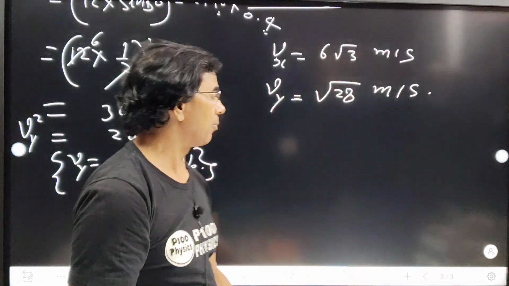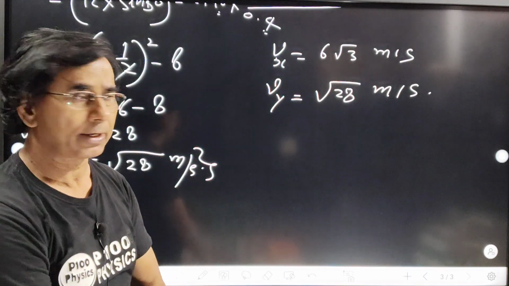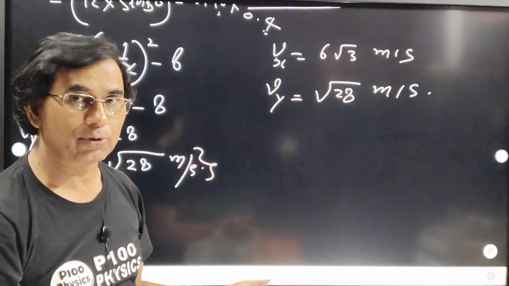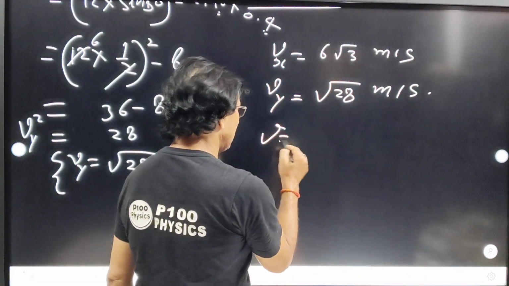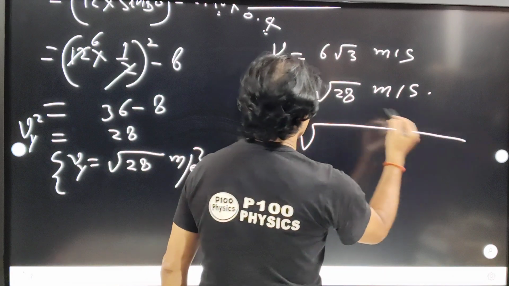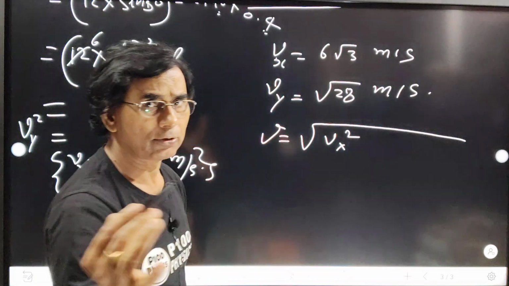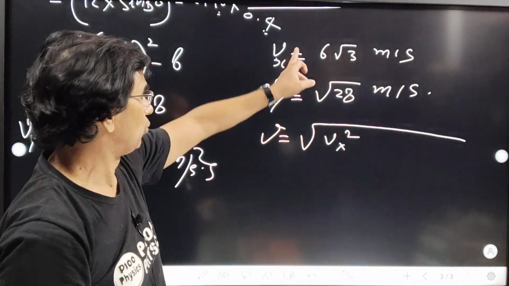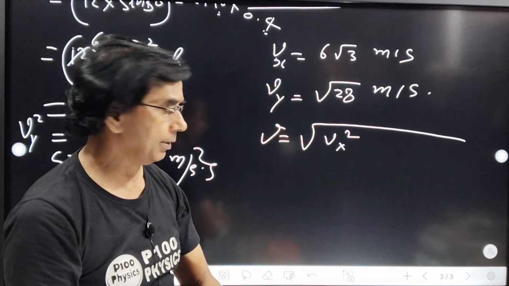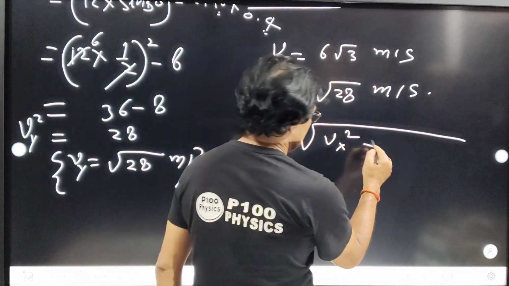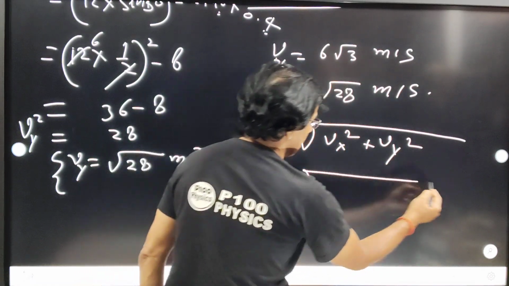Both the x and y components are perpendicular to each other, and by the law of vector addition you can find the real value of V. V will be how much? Since both velocities act perpendicular, at 90 degrees, the answer is V equals the square root of Vx squared plus Vy squared.